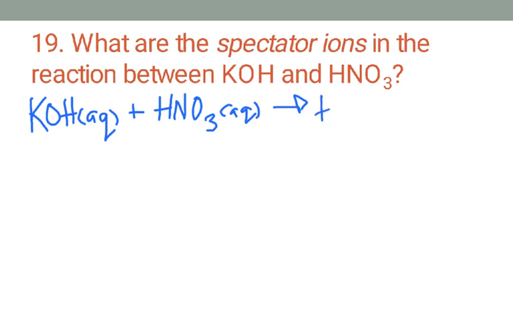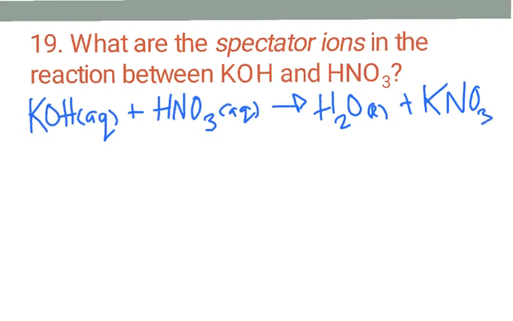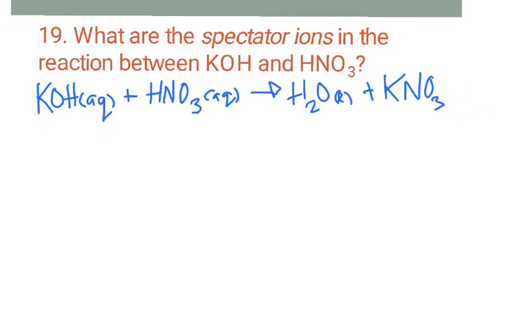I'm going to write the water first, plus the salt. The salt is going to be potassium nitrate. Now, potassium has a +1 charge on it. Nitrate has a 1- charge on it. So they react in a 1-to-1 sort of ratio.